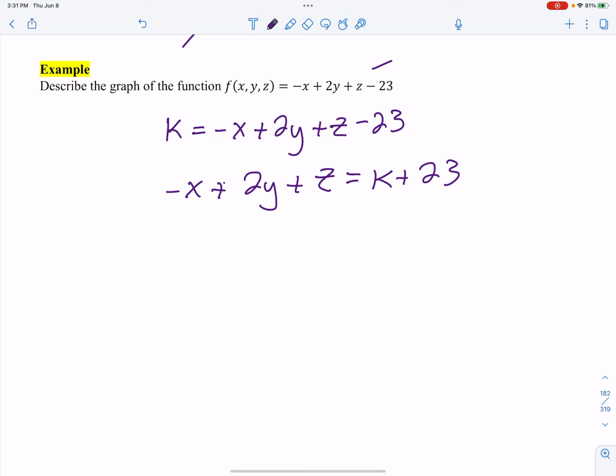Now, if we look at this, our domain is 3D, so our graph is 4D. So graphing this is going to be pretty difficult, but what we can say is as k changes as we go up, we get planes, right? Hopefully you see that. If this was a number over here, I'd have a plane.